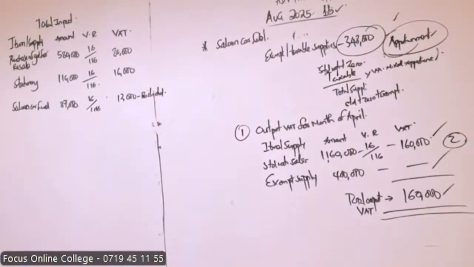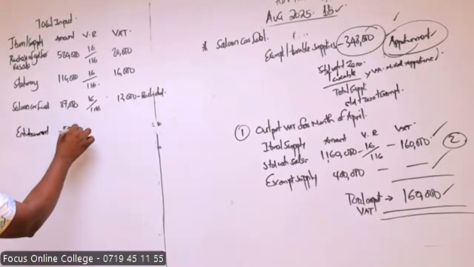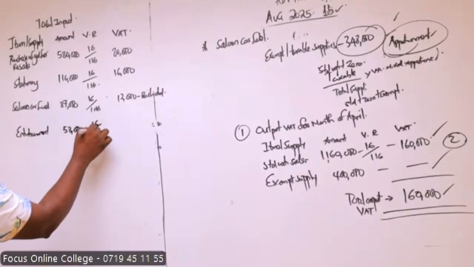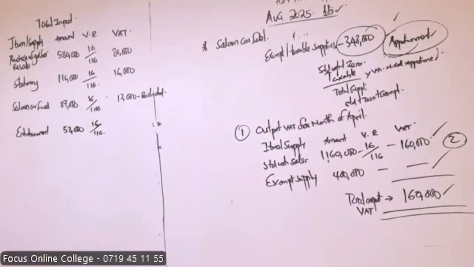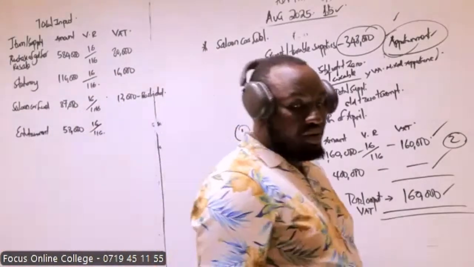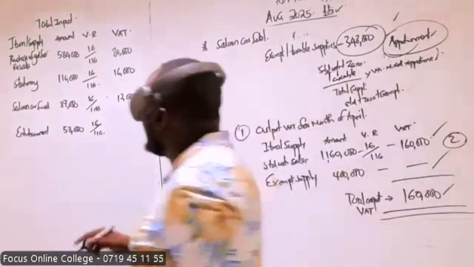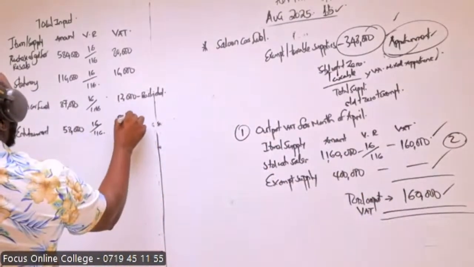Then we have the next, entertainment. The figure is 58, 16 over 116. Get that for me, and that is 8K. Again, we need to note this.